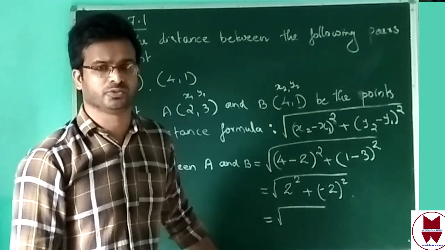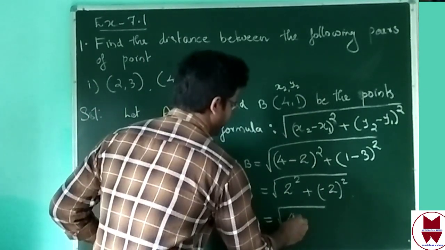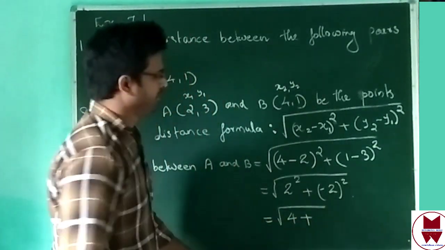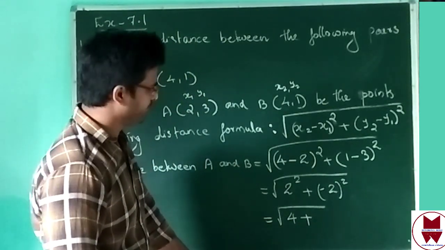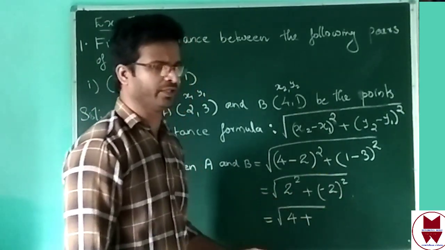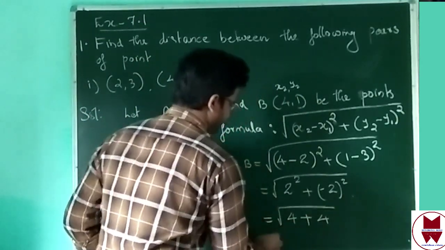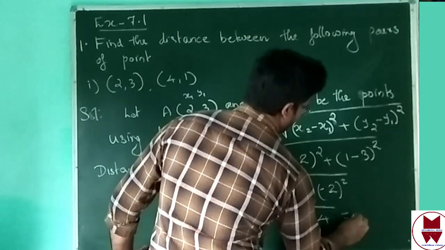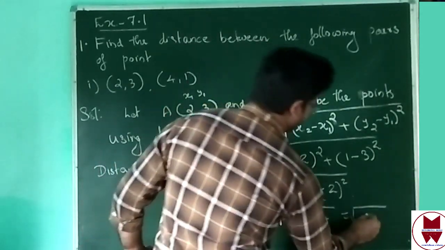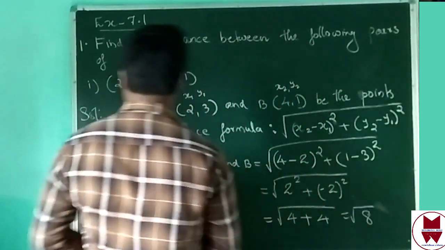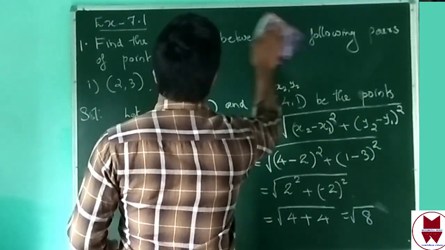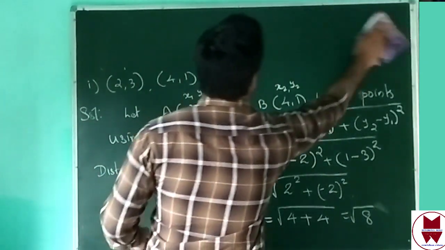2 square means 2 into 2, 4, plus root of minus 2 square, minus 2 into minus 2, 4. Equal to square root of 4 plus 4, 8. Root 8.